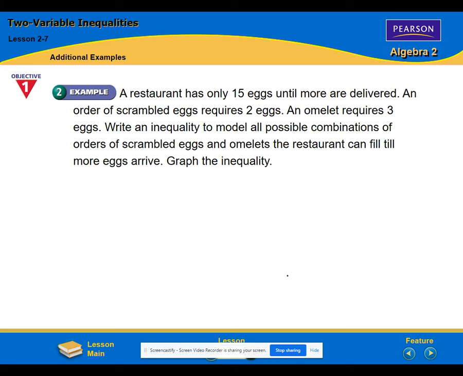We don't know how many orders of scrambled eggs we're going to sell. That can vary. The number of omelets that we sell can vary. So let's let X be scrambled, and let's let Y be omelet, as in the number of them, orders of scrambles and orders of omelets, okay?